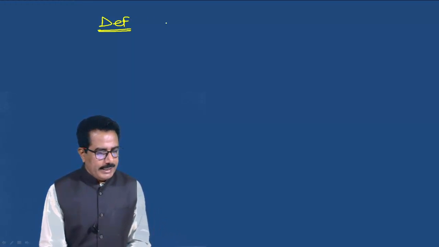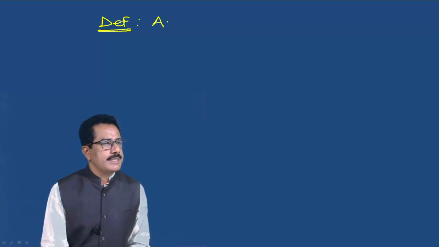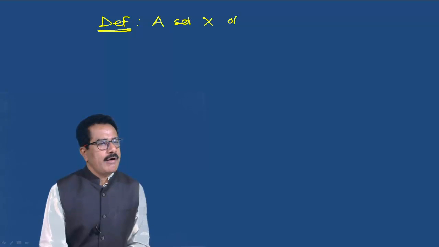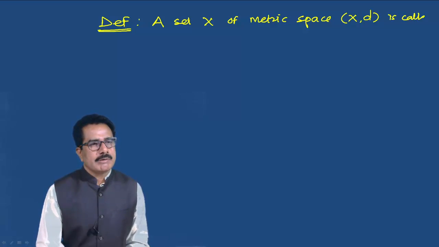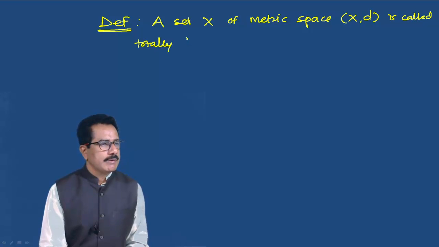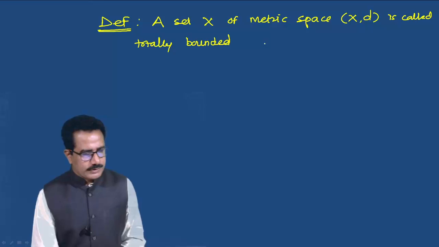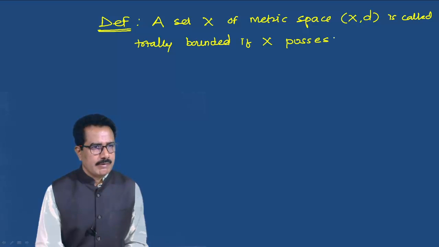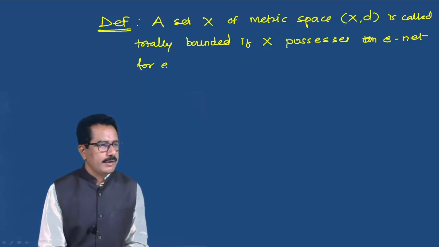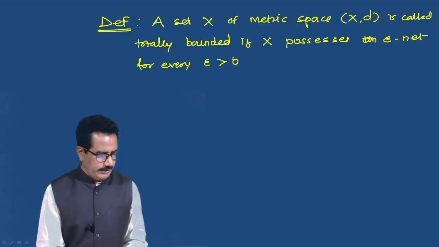A set X of a metric space (X, d) is called totally bounded if X possesses an epsilon net for every epsilon greater than 0.